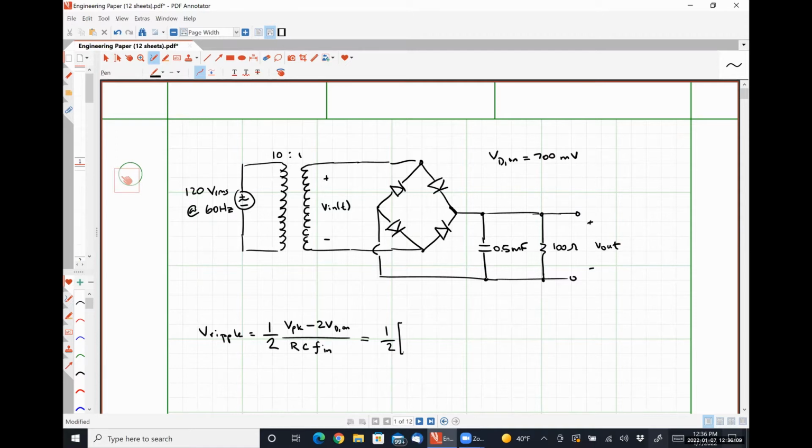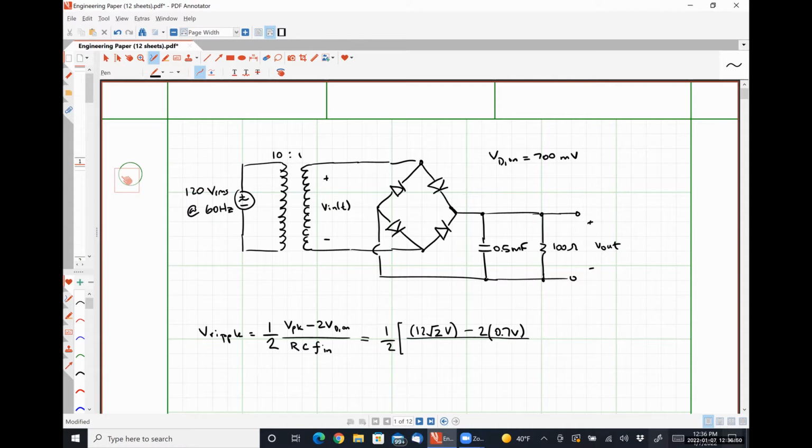What should our V peak value be? Our Vin is 12 volts RMS. So what's the peak value of 12 volts RMS? 12 times the square root of 2. And then we're going to have twice VD on, so that's twice 0.7 volts.